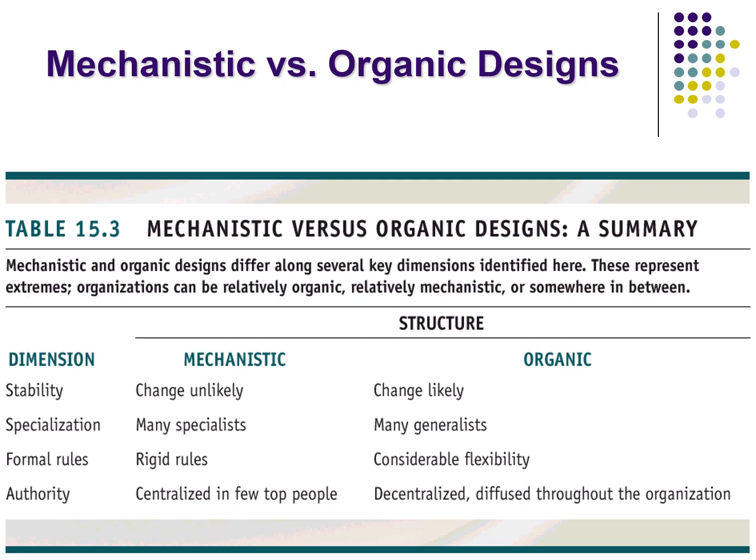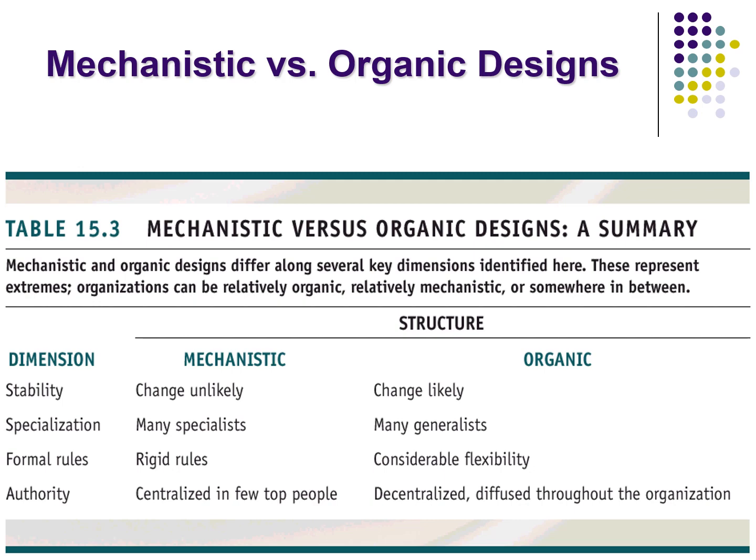That might suggest to me that I want to set up an organic design. If the people working in the organization are mainly generalists, in other words, I need people who are good at a lot of different things to get this work done, that again is going to lend itself more to an organic setting. And if there are not a lot of rigid rules required to do the work, flexibility and decentralization are more likely.